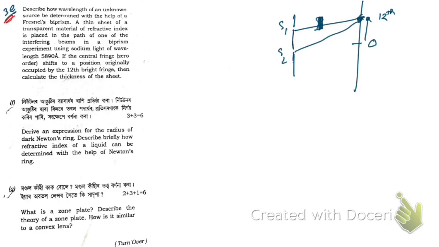Now the thickness of this sheet is given by this formula: t = xd/(D(μ−1)). This is the distance D, and this distance is small d. But here these pieces of information, small d and capital D, are not given. And x is the shift.